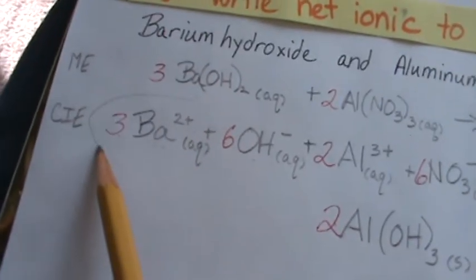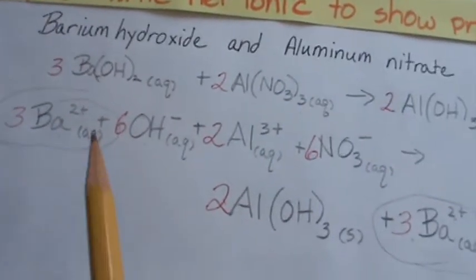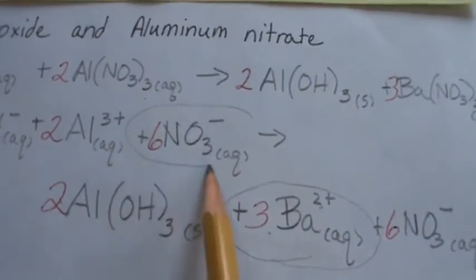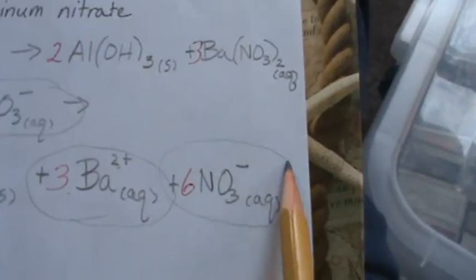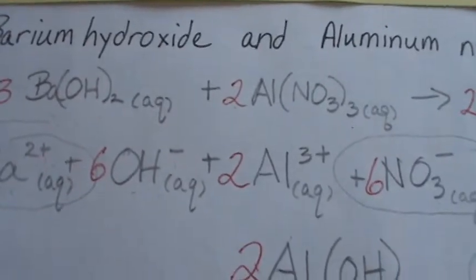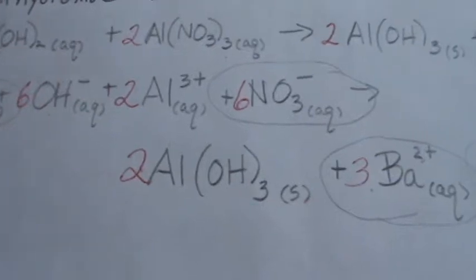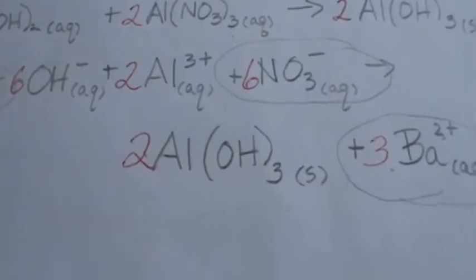So I will go ahead and just circle those, because that is something that's not changing. That's a spectator ion. And here I have 6 nitrates and 6 nitrates. And those aren't changing. But here I see that my aluminum ions and my hydroxide ions are becoming aluminum hydroxide.